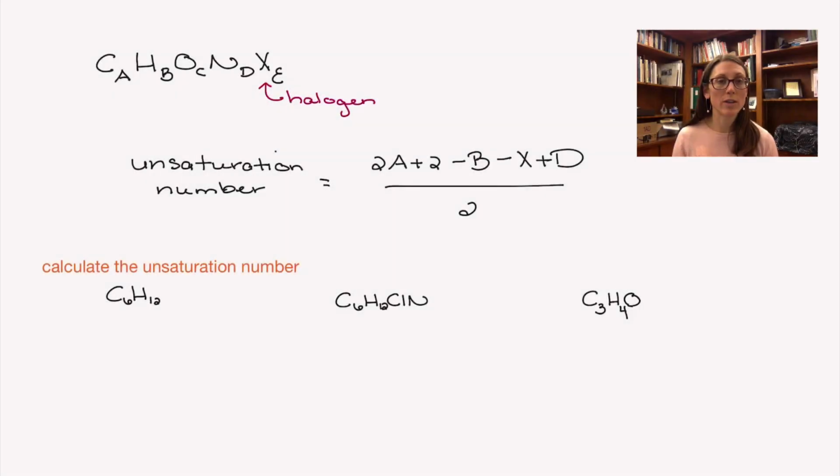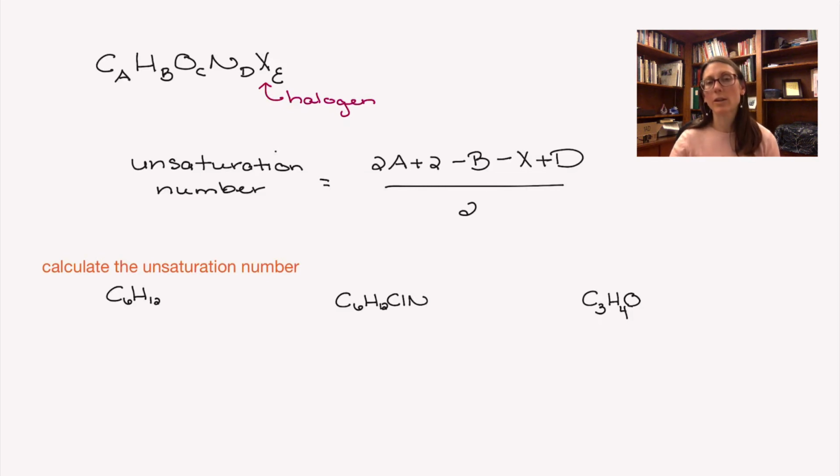Looking at a structure, we can determine its unsaturation number. You can also figure out the unsaturation number for a molecule from its molecular formula. And there's a way to do this. You take the molecular formula, so A number of carbons, B number of hydrogens, C oxygens, D nitrogens, and X halogens, and you plug it into the formula down below.